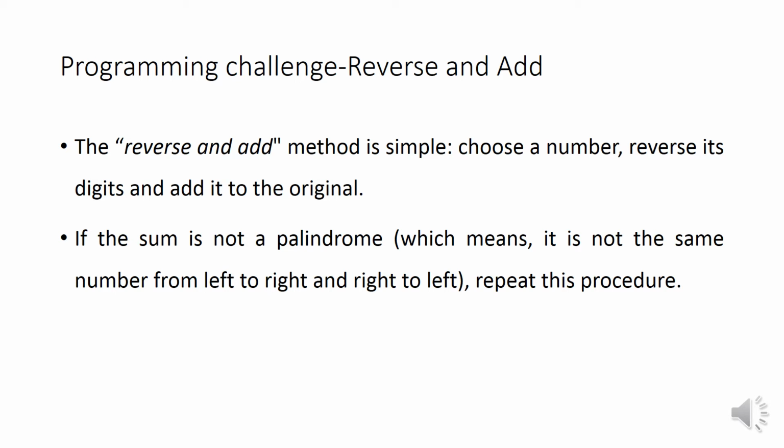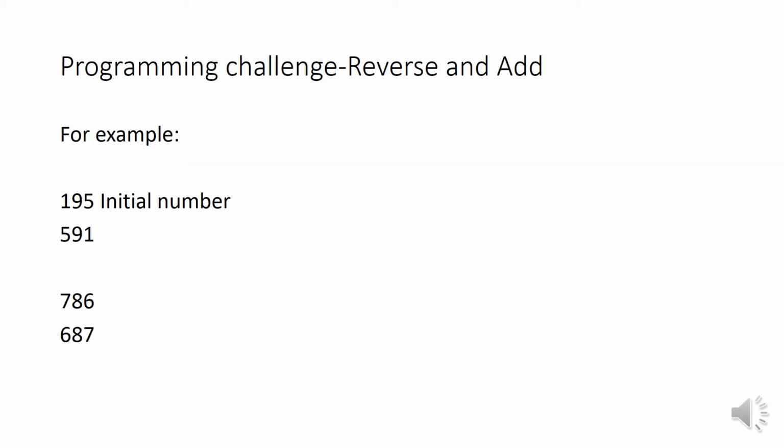If the sum is not a palindrome, which means it is not the same number from left to right as well as right to left, that is the palindrome number, students. So repeat this procedure again and again until we get a palindrome result. The first example is 195. We get 591.